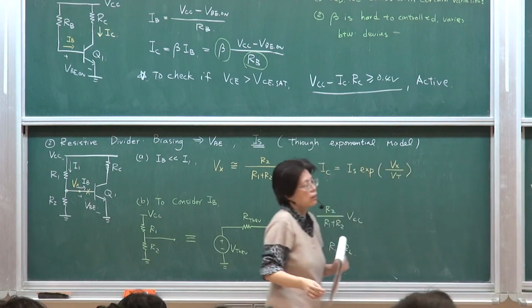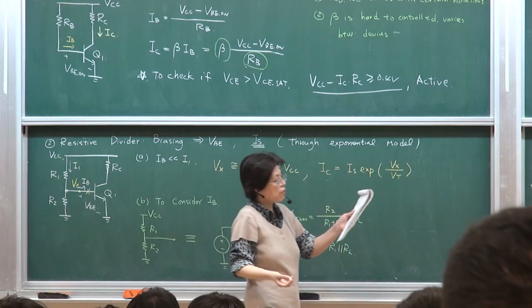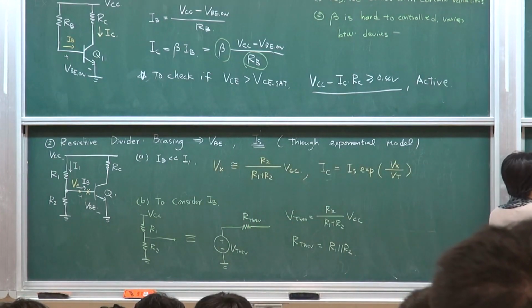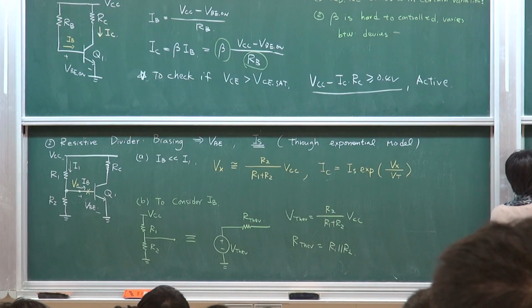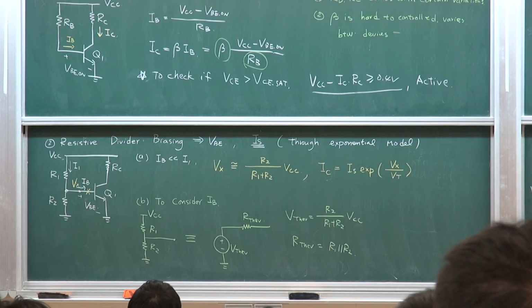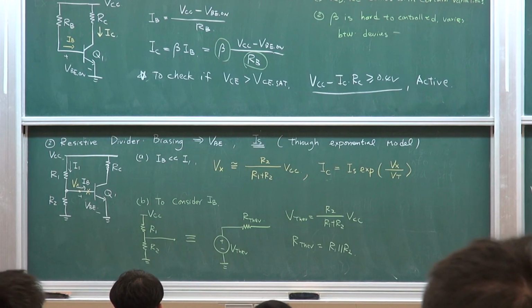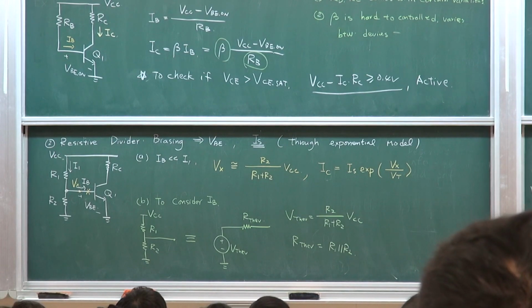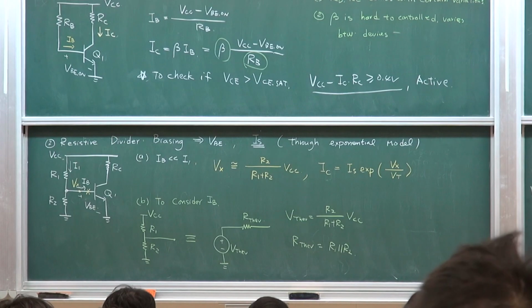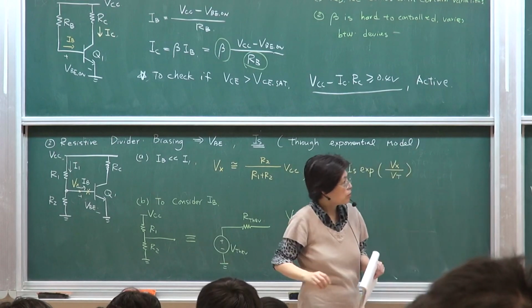Okay? So then you can find out your voltage level here. There will be a slight difference. This will still be my Vx. So Vx will simply be VT minus IB RT.